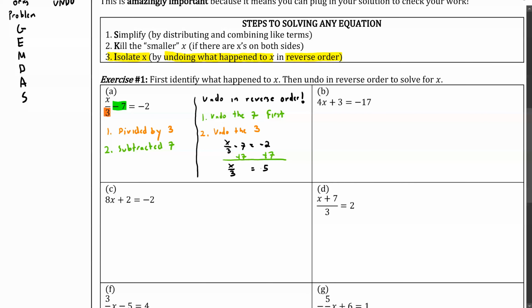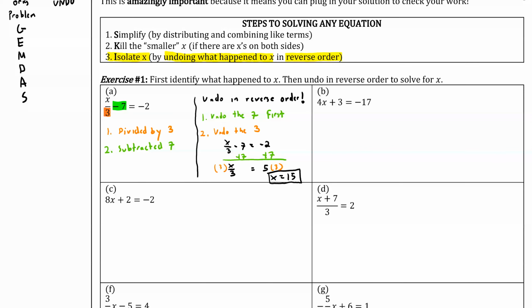And then we need to undo the division by 3. And so we undo division by multiplying. And so our solution is x is equal to 15. Now we won't do all of our work like this, but it's nice to write all these words out until you get into the flow of things.